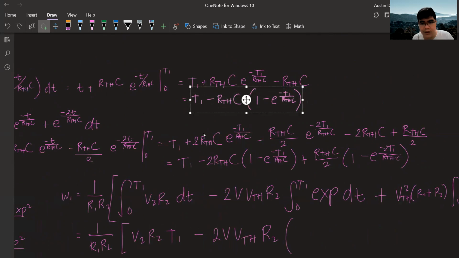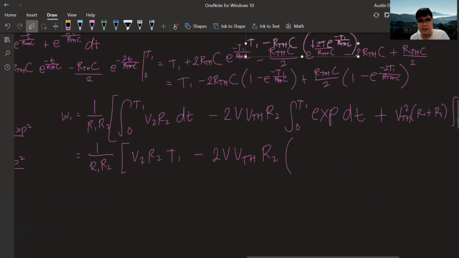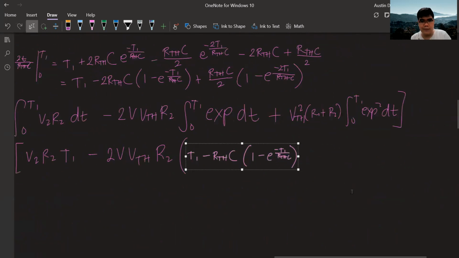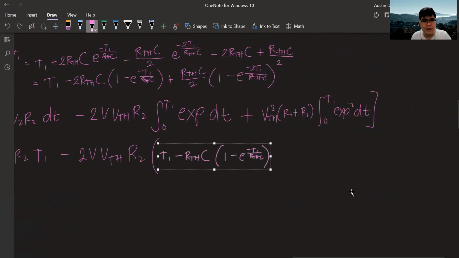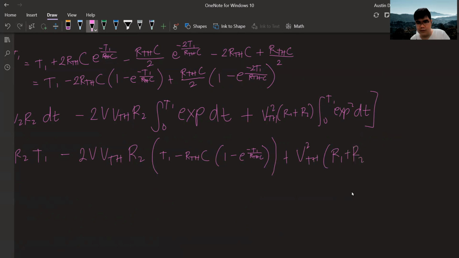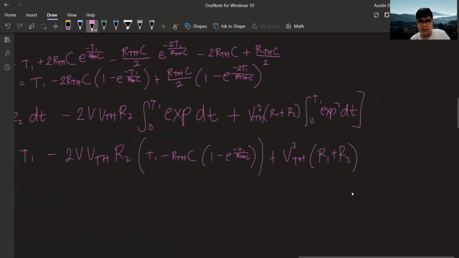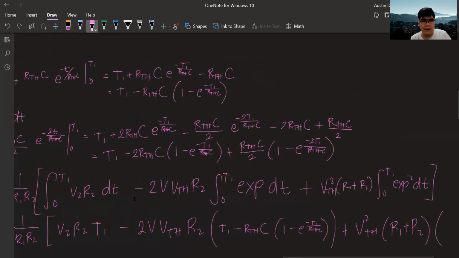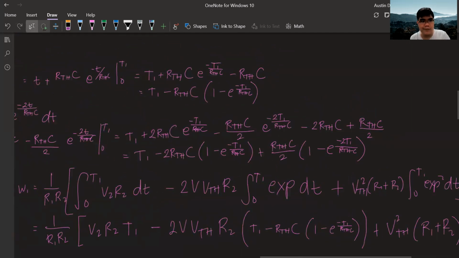So ito yung integral natin for the exp. Yan. And then let's continue. The other one would be plus V_th squared (R1 plus R2). Okay, and then we plug in yung solve natin kanina, which is this guy.